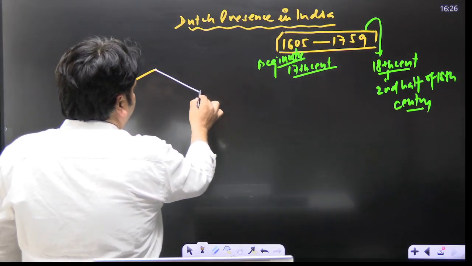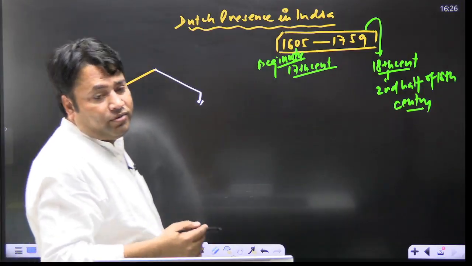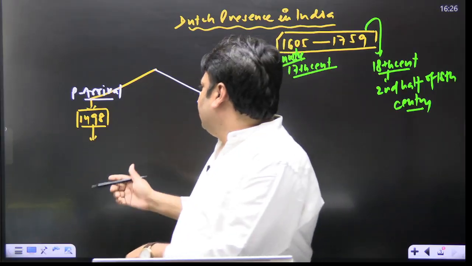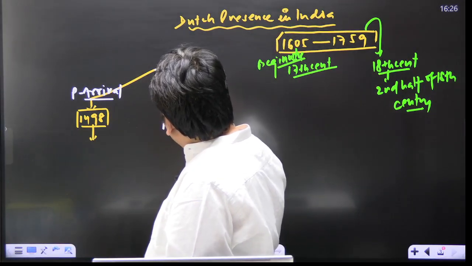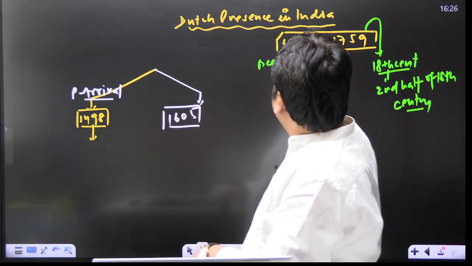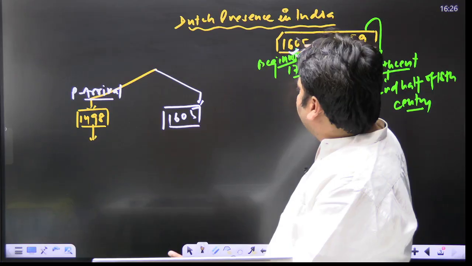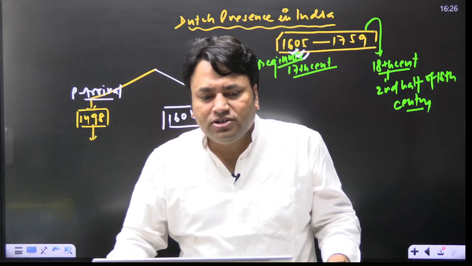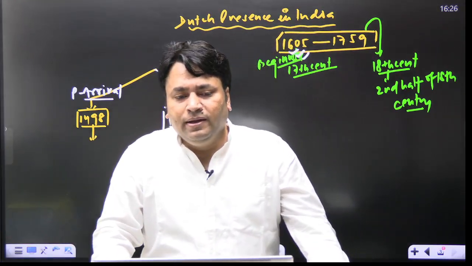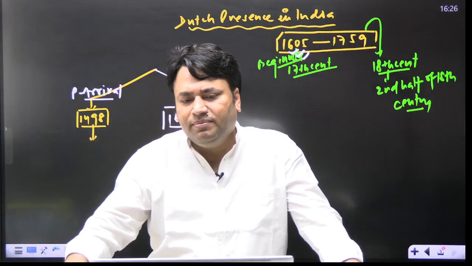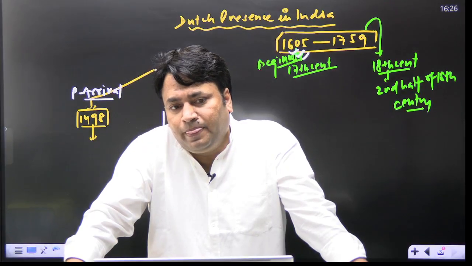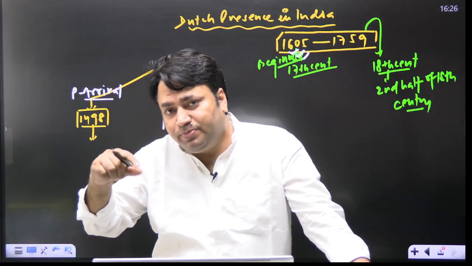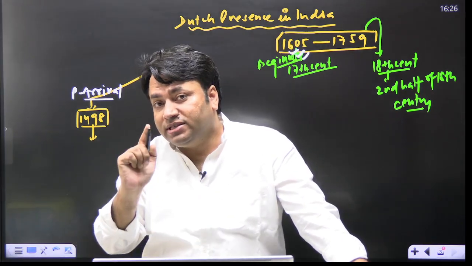The next important fact and information in this series is 1605. It means the Dutch presence in India started from 1605. One notable fact here is that the Dutch East India Company was formed in 1602, but the Dutch presence in India is from 1605.